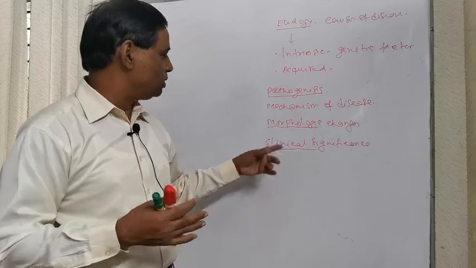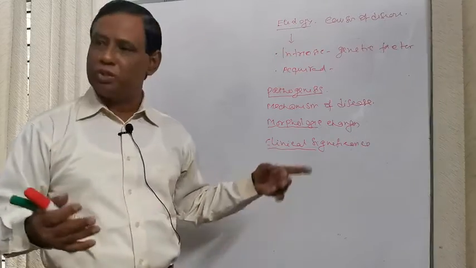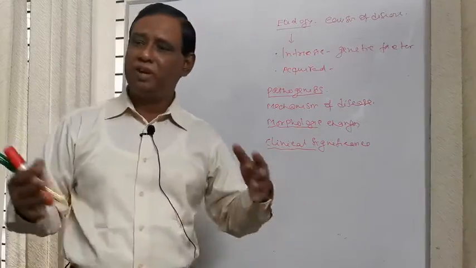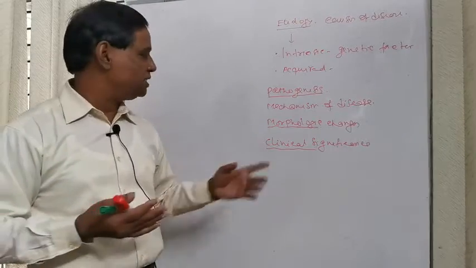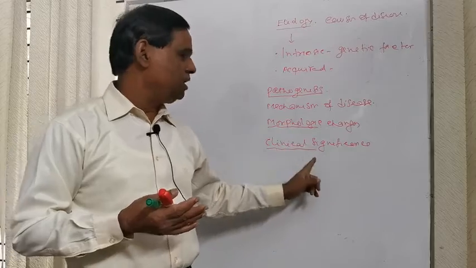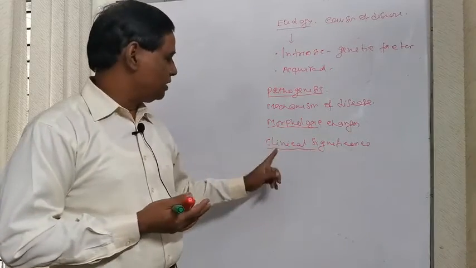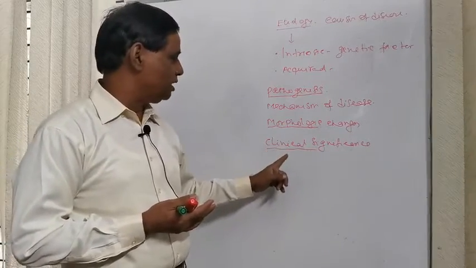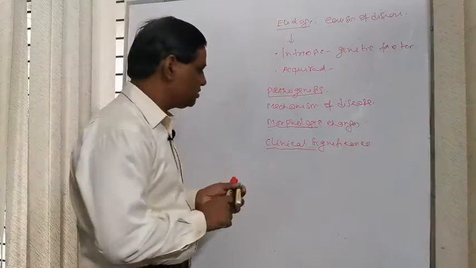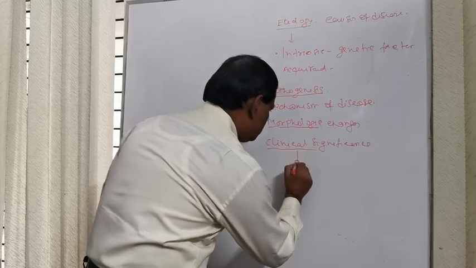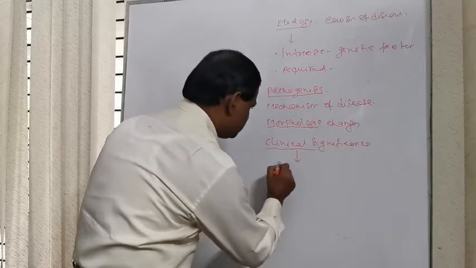And due to morphologic changes either in the cell or in the tissue, there are some functional derangement of the liver. This functional derangement is associated with the sign and symptoms. It is the clinical significance.